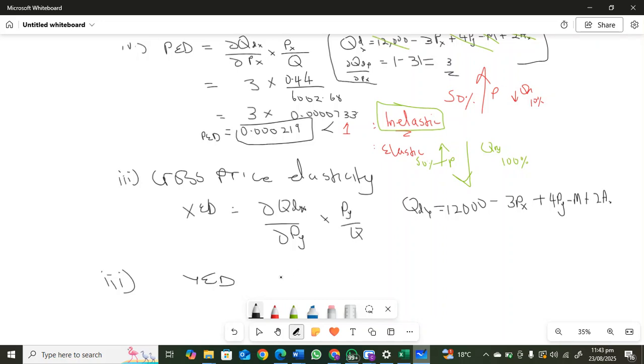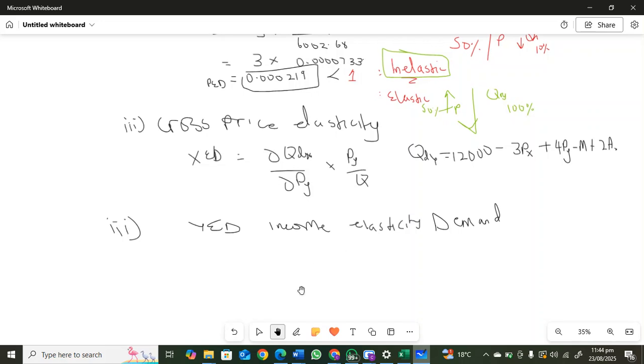Okay, then the other one is income elasticity of demand. How quantity demanded of one good responds to changes in the income of another good.